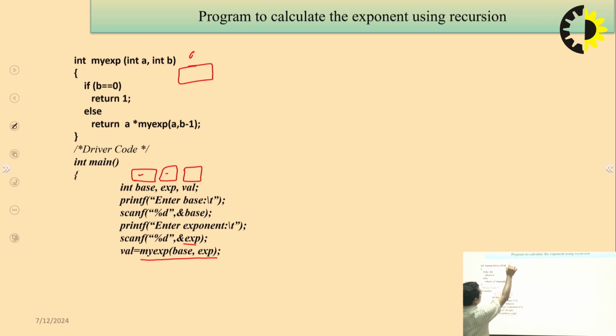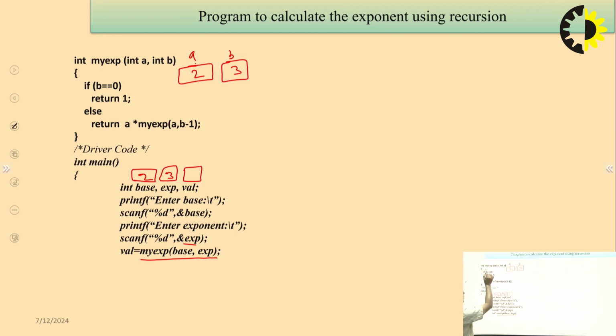The value of base is passed to a, and the value of exp is passed to b. As an example, if the user gives base 2 and exp 3, the value 2 is copied into variable a and the value 3 is copied into variable b.